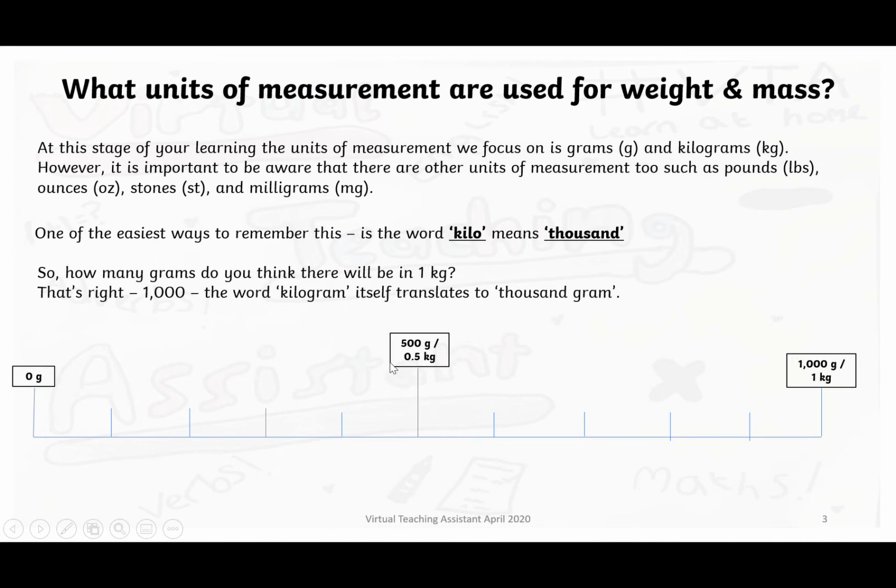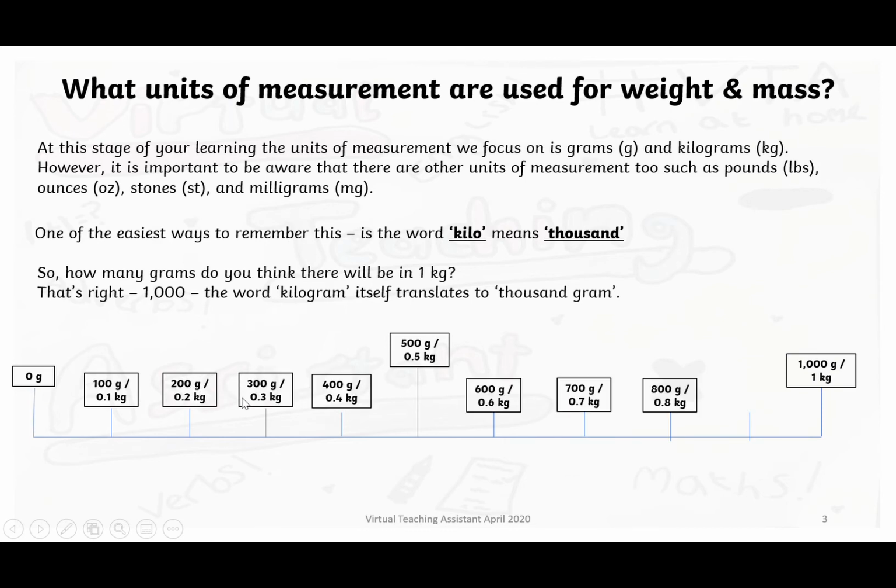If you've not seen them before, the reason I've put a point there is because it isn't a whole kilogram yet. It's only half of one. So you can see that 100 grams is 0.1 kilograms, 0.2 kilograms for 200 grams, and so on all the way through. This isn't anything you need to memorize, that is just for your information.